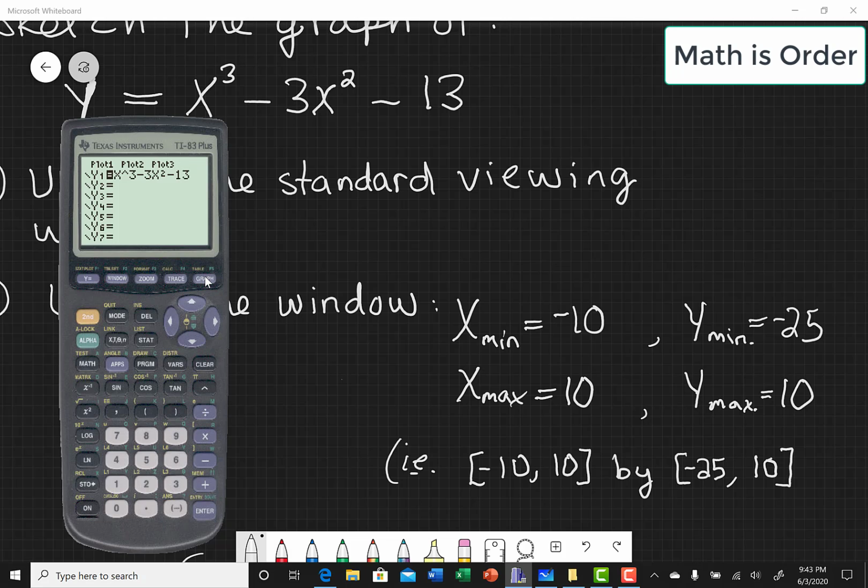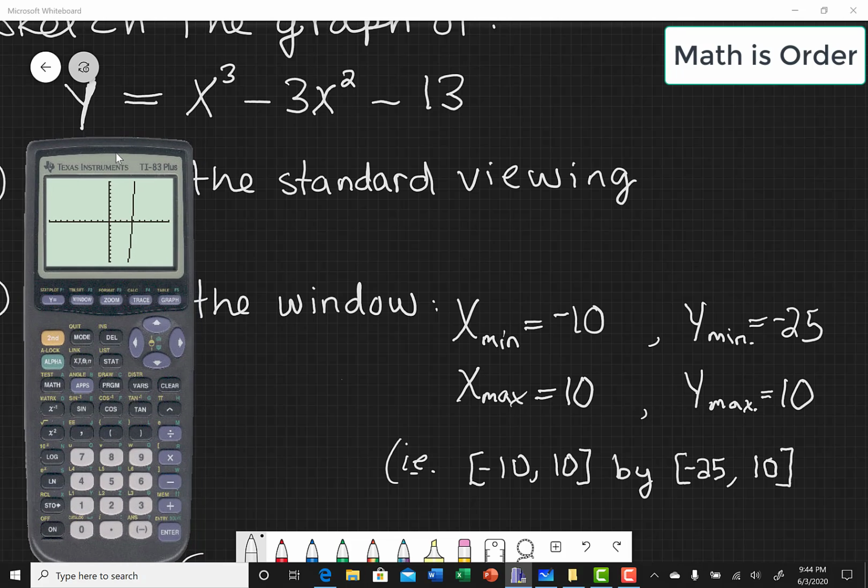And then graph, right? And then the calculator will graph that equation for us. All right, so here is the graph of this equation using the standard viewing window.